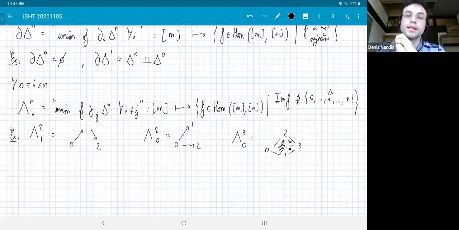Yes, yes, okay. Indeed, I haven't explained, but in fact, it makes sense to take the union of two simplicial subsets by taking the smallest simplicial subset containing both of them. And then those statements are actually precise. And you are right that those can actually be written as colimits. Okay. Other questions?